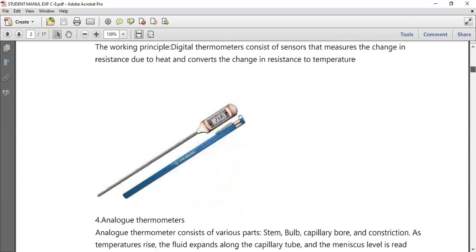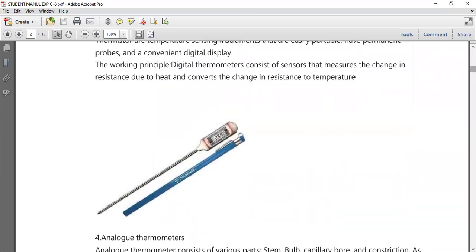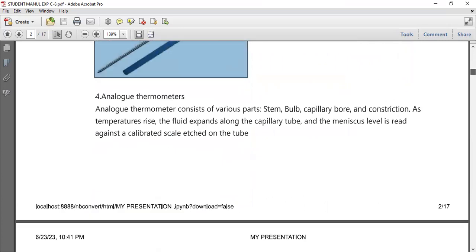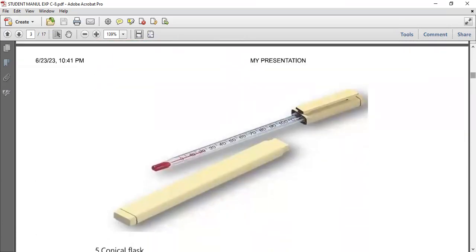And of course, we have the analog thermometer here. We know that it consists of mercury. So when there's presence of heat, this mercury will expand along the capillary tube, and the reading will be made against the meniscus level and recorded.